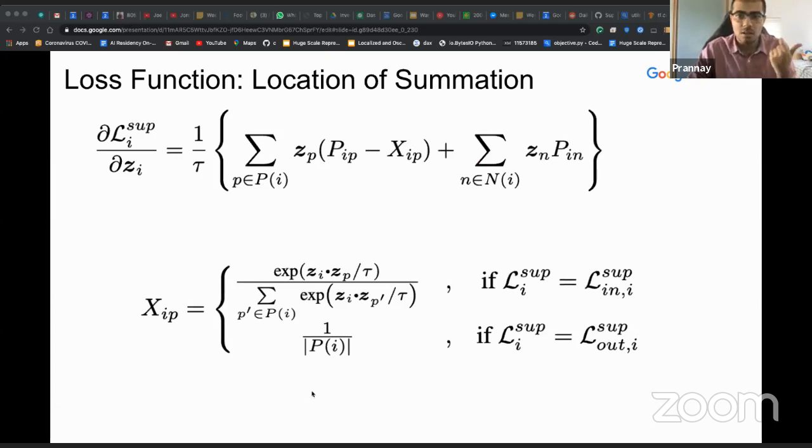In the case when the summation is inside the log, it turns out that this correction term is a likelihood among all positives. So for all the positives, you have a correction term which is larger for the ones that are closer to the anchor, and smaller for the ones which are far away from the anchor. This can get into weird issues, and this is why we believe that the performance is not actually very good for the summation inside the log.